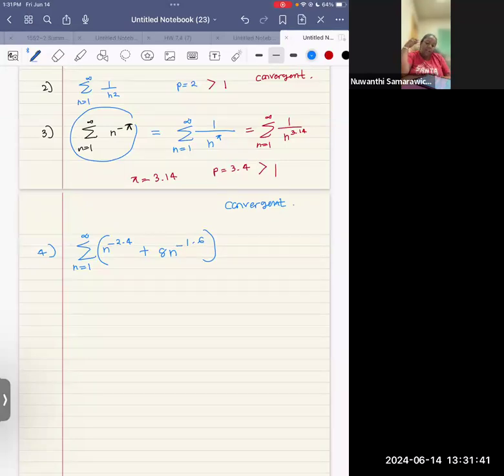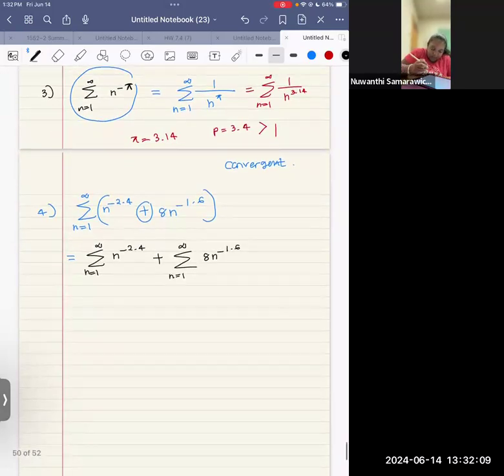I'm going to change it because it's addition here. I'm going to write it separately. The series from 1 to infinity of n to the power negative 2.8, plus again the series from 1 to infinity of 8 n to the power negative 1.6.